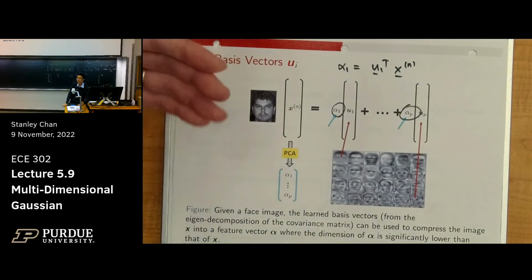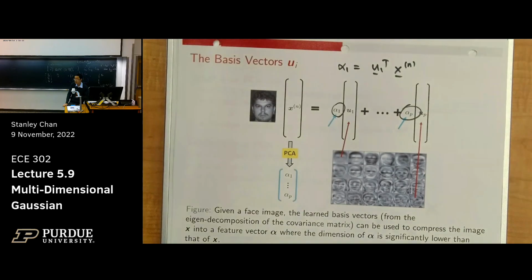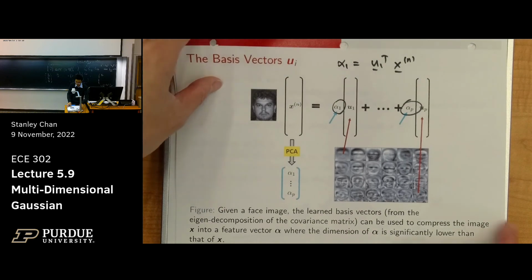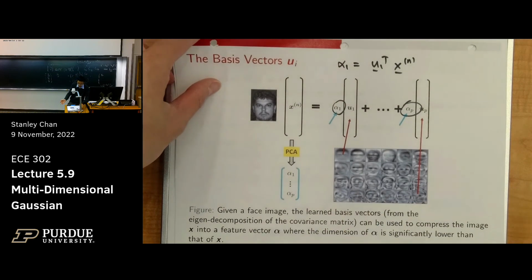Now I'm skipping the derivation here. Basically, the argument is that your U matrix is orthogonal, and therefore, by doing this operation, which we call the projection operation, you can get the coefficient. So the story is complete, right?